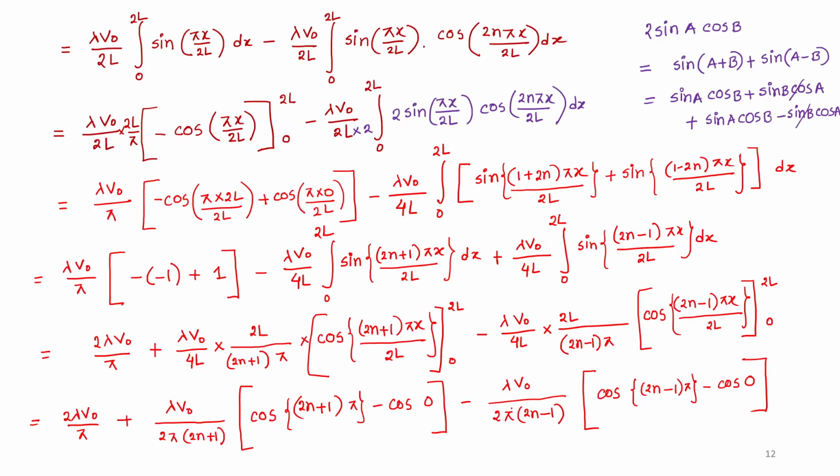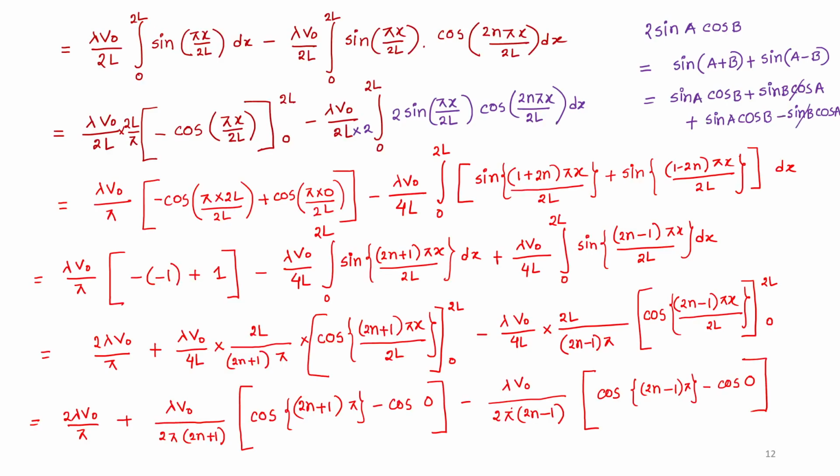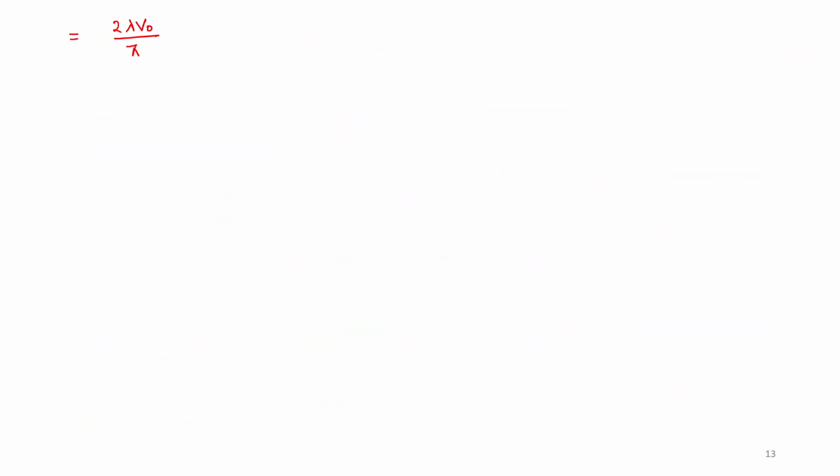So first we have 2 lambda v0 by pi, plus lambda v0 over 2 pi (2n plus 1). We have it here.